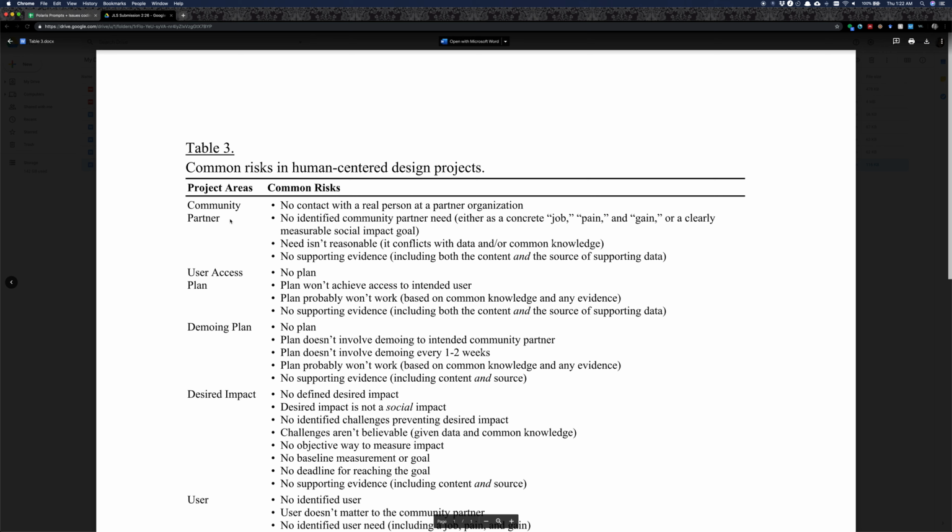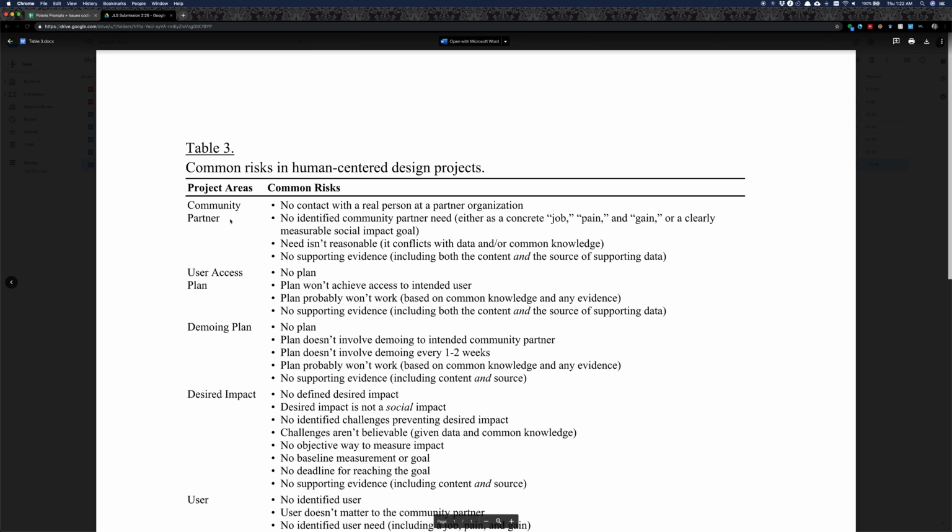These students weren't doing design-based research, but they were working on human-centered design projects. And within the process of that research, we were trying to identify the common types of issues or risks that students come across in their design work in these different dimensions of their project.